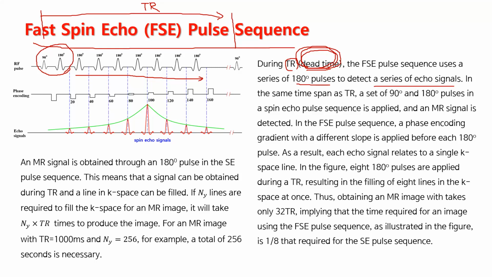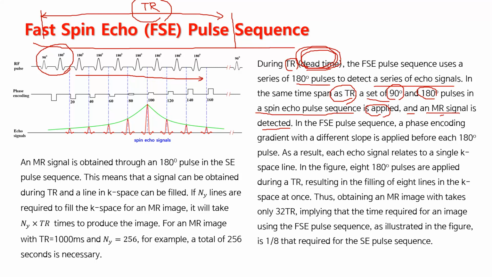In the same time span as TR, a set of 90-degree and 180-degree pulses in a spin echo pulse sequence is applied, and an MR signal is detected. So if we do not do anything during TR, we can have just one MR signal after this spin echo pulse sequence.